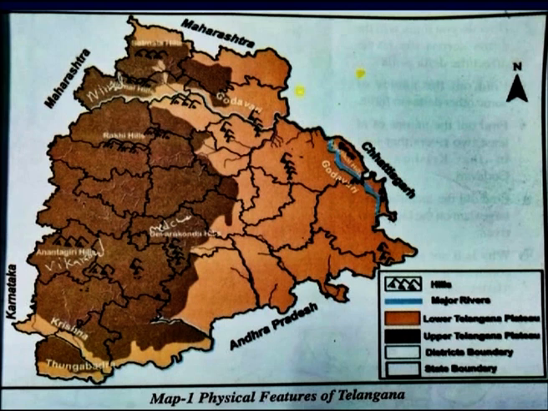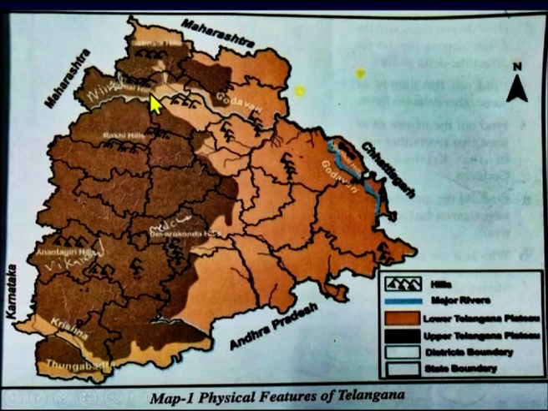Children, let us see these physical features on the map of Telangana. You can see this dark brown color. This all represents the Upper Telangana Plateau, and this light brown color represents the Lower Telangana Plateau.